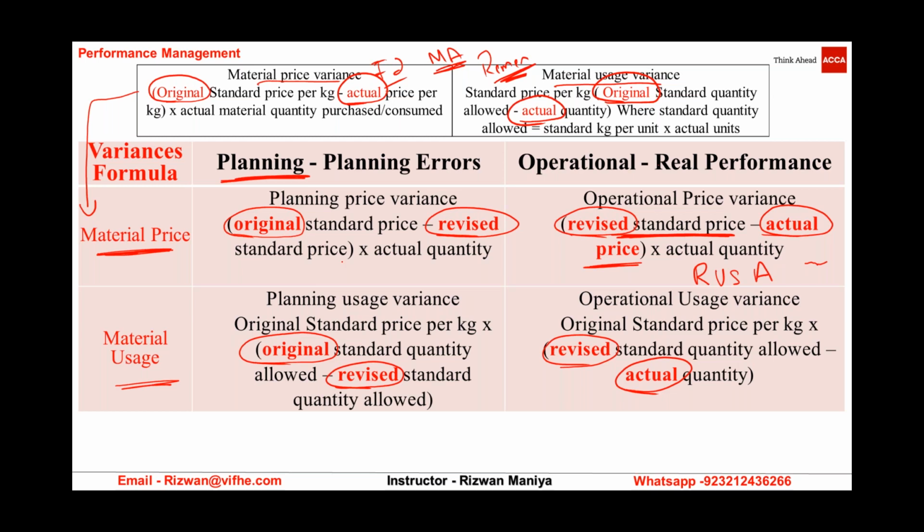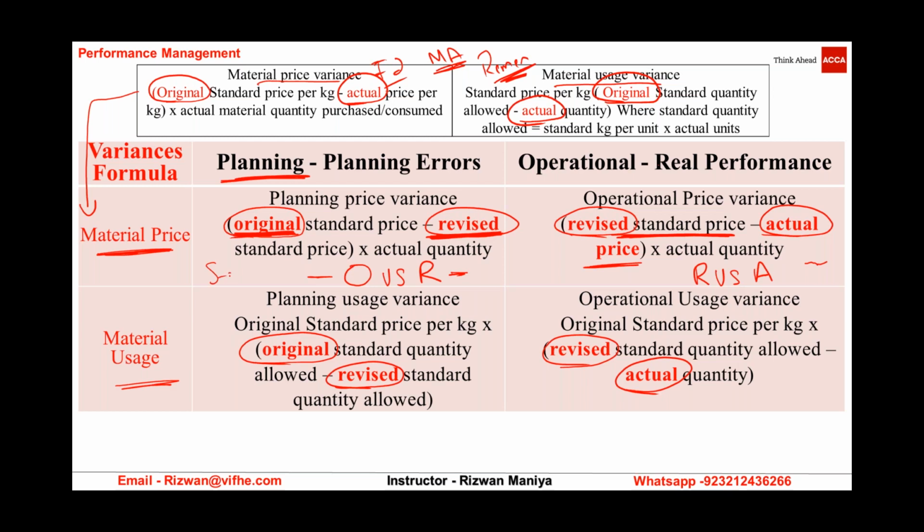Okay, now comes to planning price. It's the original standard that you set at the start of the year and the revised, that is, what it should have been. So this is original versus revised. Are you getting my point? So planning variance is what? Original standard versus revised standard. Planning variance is a fight between standards.